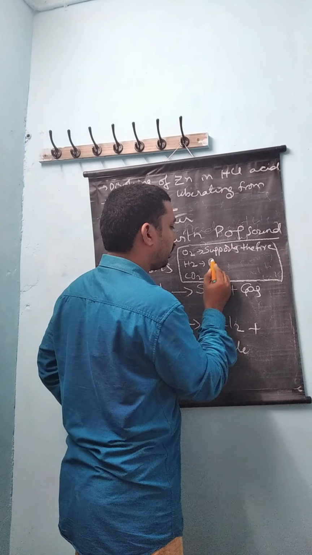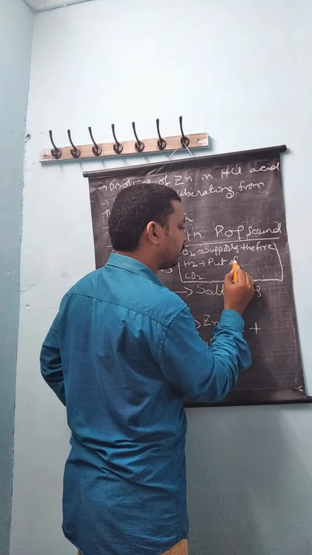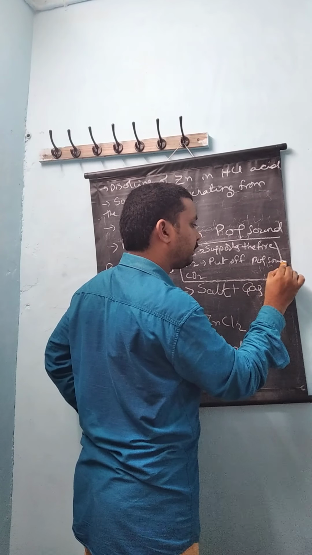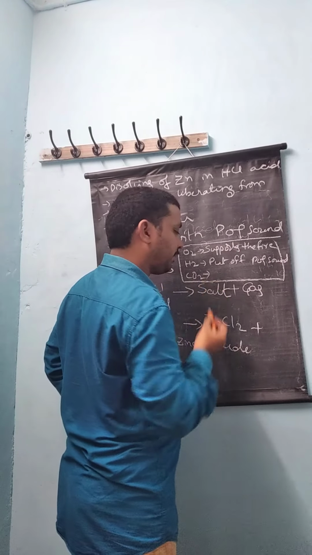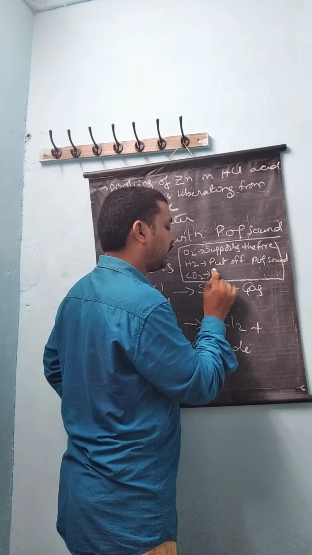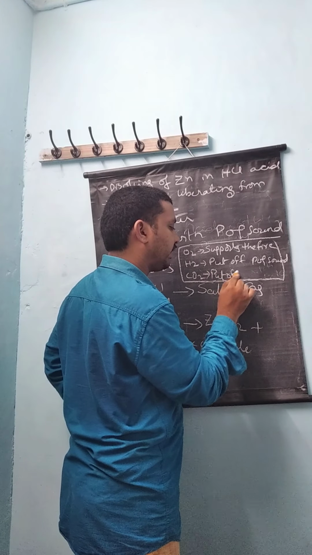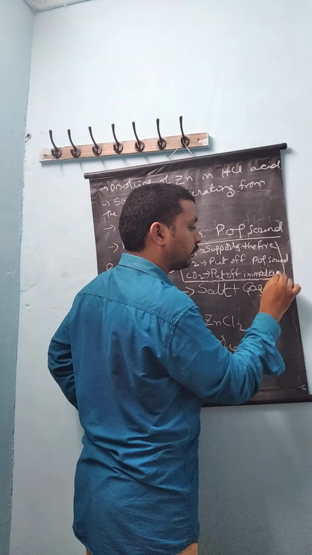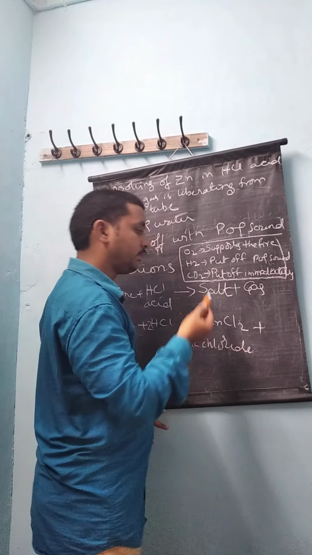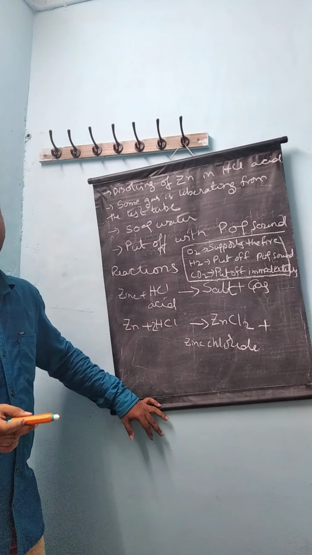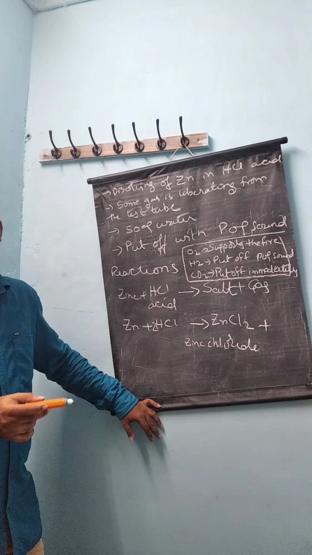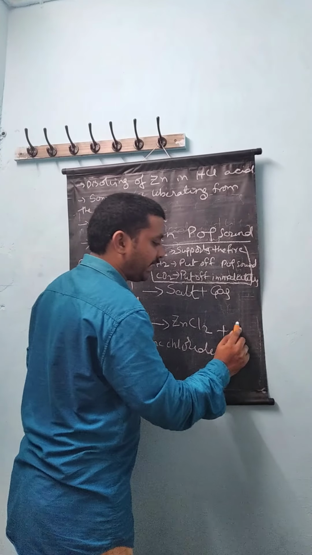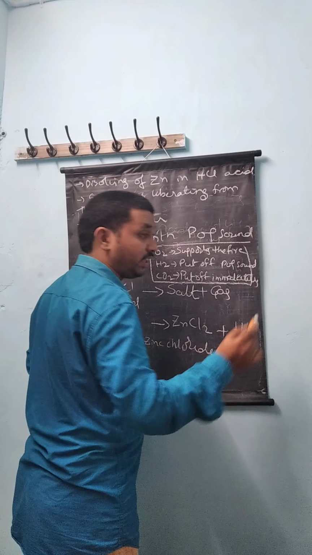H2 puts off the fire with a pop sound, whereas carbon dioxide puts off the fire immediately. So, here the gas obtained, which makes the fire go off with a pop sound, is hydrogen.